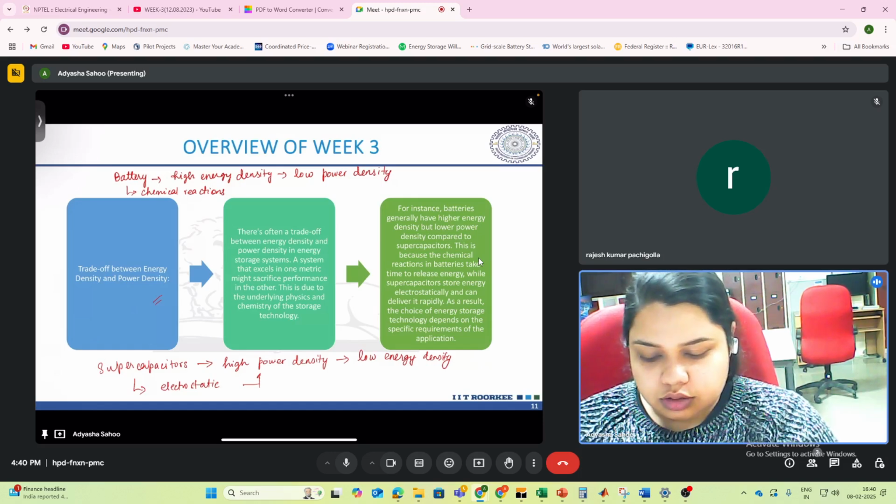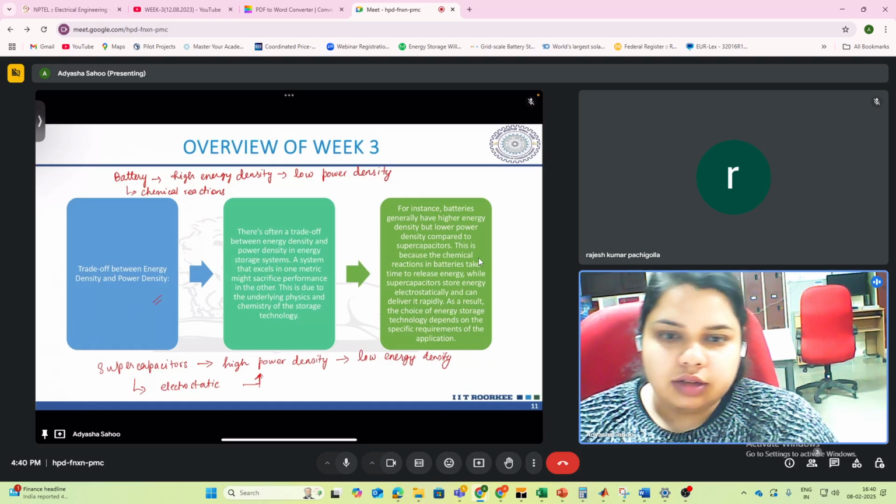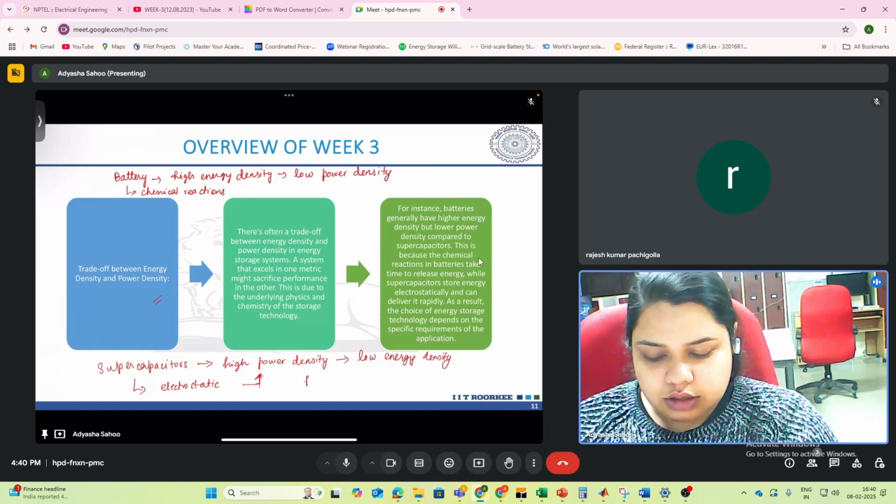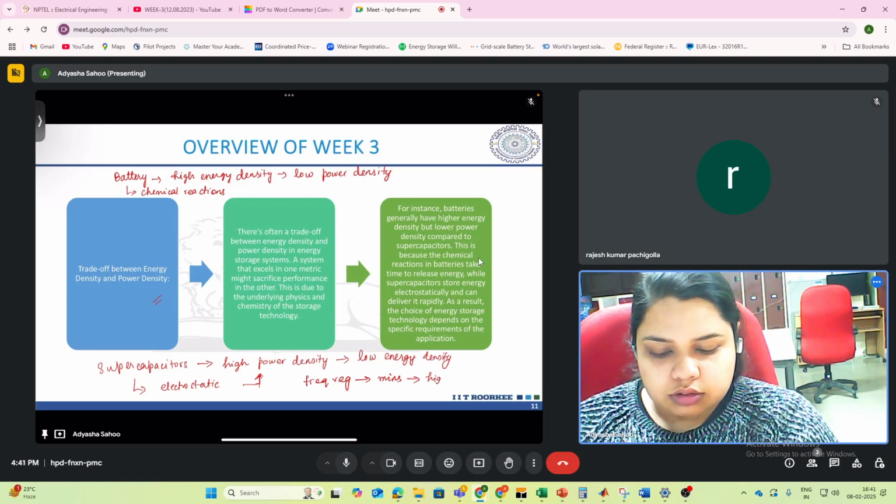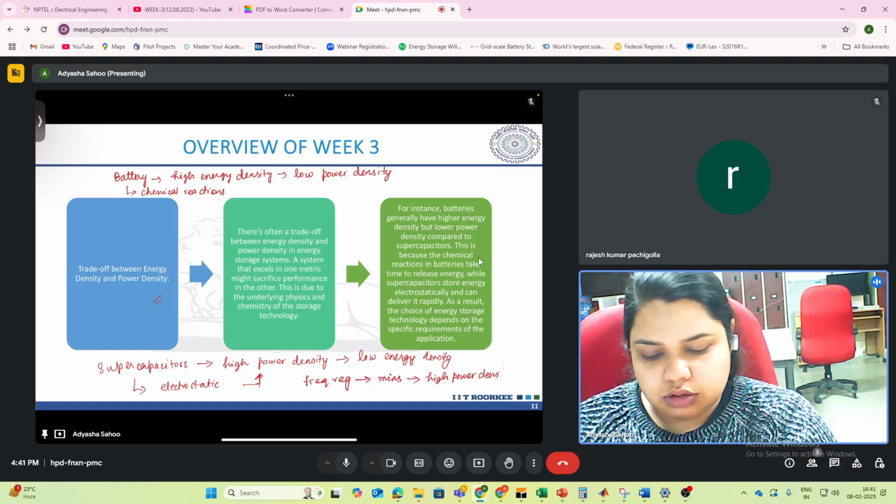But let's say you want to provide grid services such as frequency regulation. The time scale of operation there is in minutes, so there you need a high power density energy storage technology.